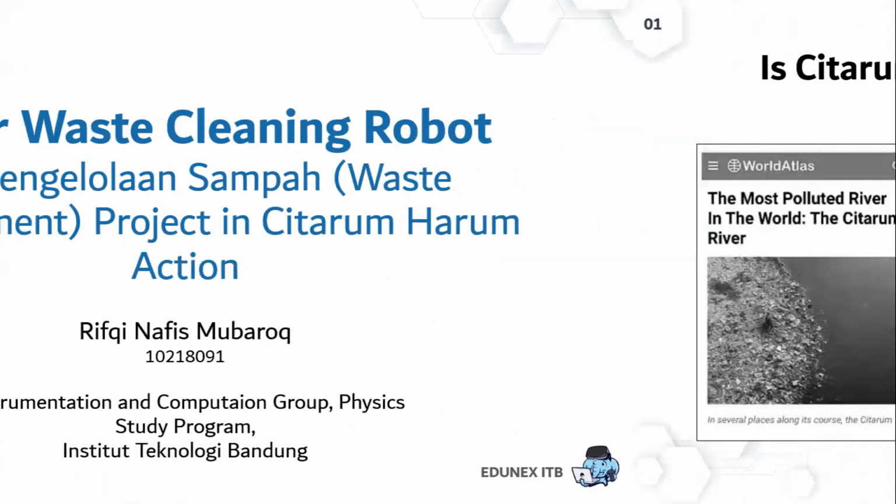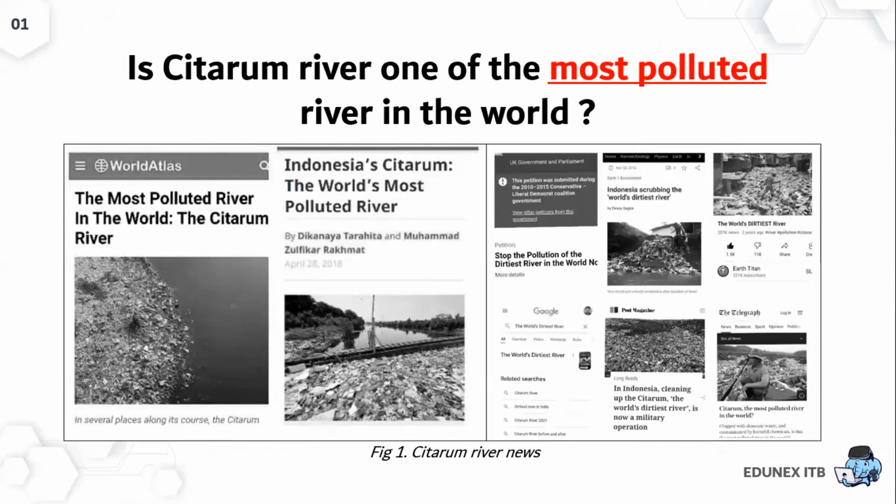Now, there's a question here. Is Citarum River one of the most polluted rivers in the world? Although it is a bit controversial, the Citarum River is indeed polluted. In fact, 3 out of the first 5 related terms that come out if you search for the dirtiest river in the world on Google are Citarum.